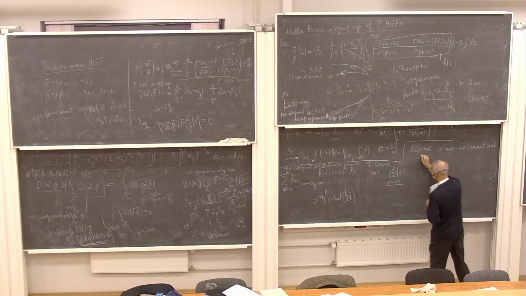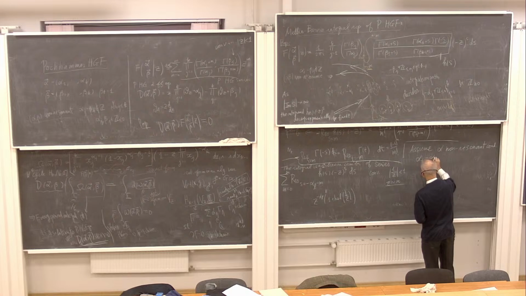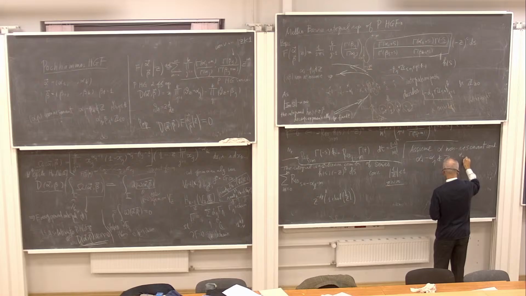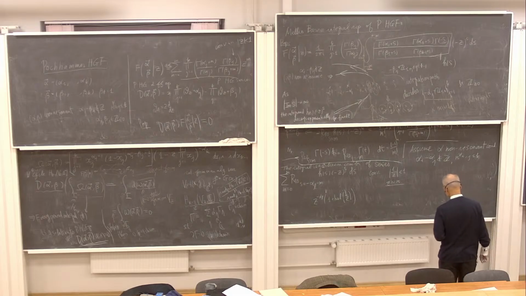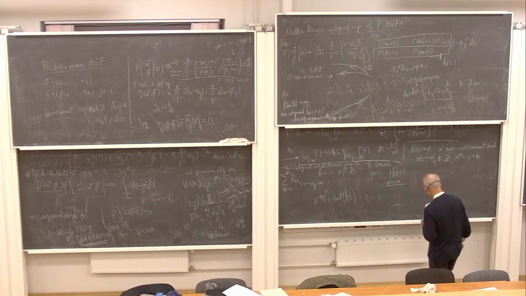That is, alpha i minus alpha j, none of them coinciding, nothing admits an integer shift between them.